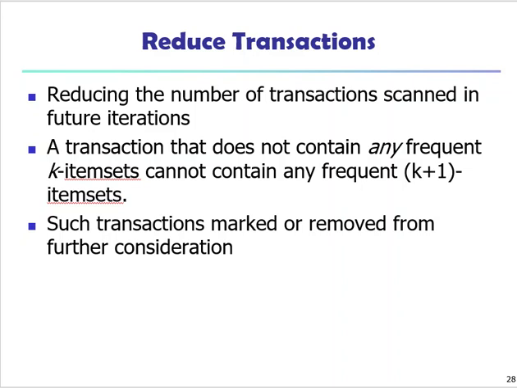So, reduce transactions. The idea is to identify those transactions that are definitely not offering any information in future iterations. If a transaction does not contain any frequent k-itemset, then it cannot contain any frequent k+1 itemset.